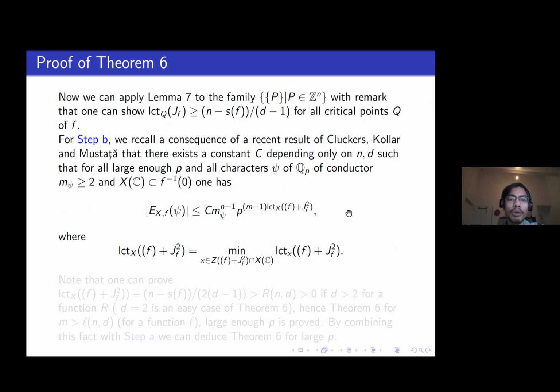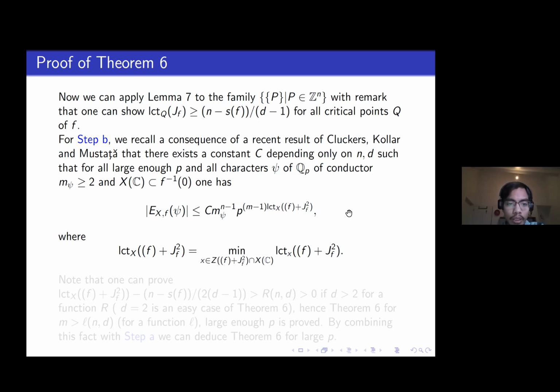For step B, we recall a consequence of a recent result of Cluckers, Kollár and Mustata: there is a constant C depending only on n and d such that for all large enough p and all characters psi of p-adic order 2, and H_C a subset of Z^n, we have a bound of the exponential sum by C times m times p to the power n minus 1, with exponent m minus 1 times the local log canonical threshold of the ideal f plus Jf squared at x.